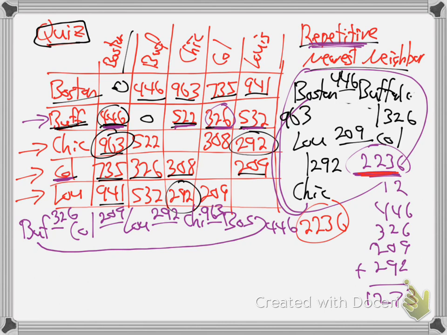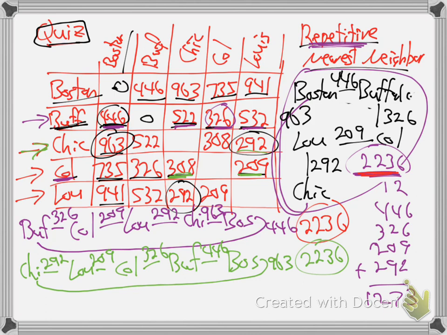All right, so I'll quit talking and let you do that. All right, so we got the Chicago loop. Now there's the Columbus loop. What's the closest to Columbus? Louisville, 209. Closest to Louisville, Chicago, 292.